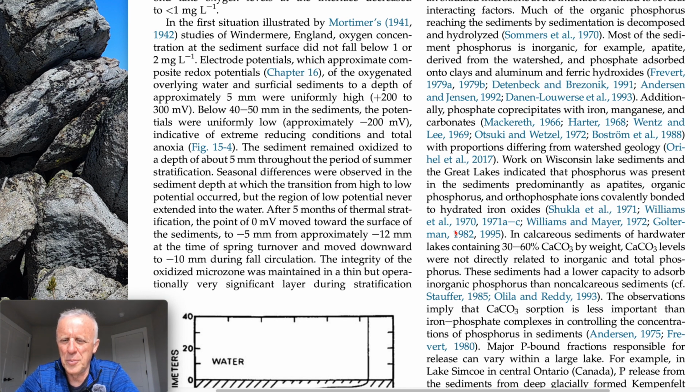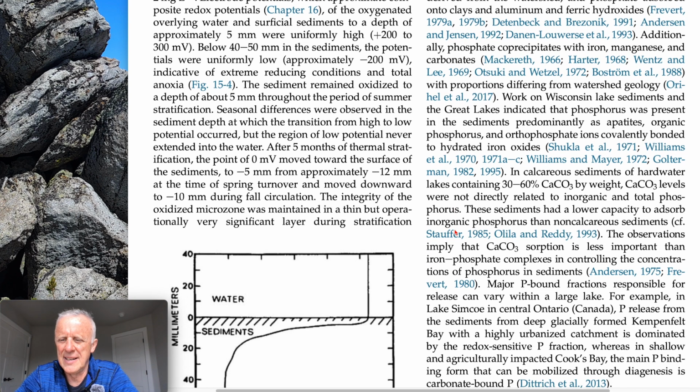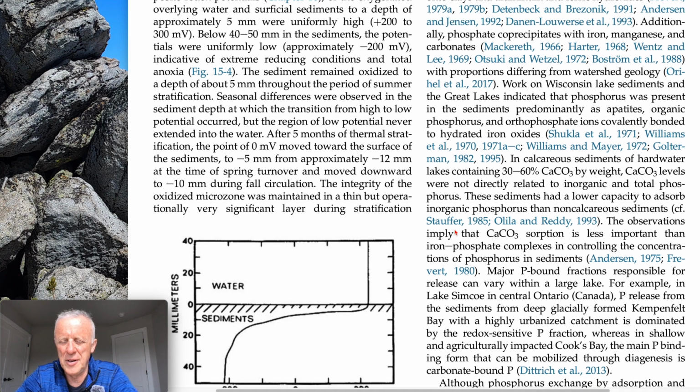Additionally, phosphate co-precipitates with iron, manganese, and carbonates, with proportions differing with watershed geology. Work on Wisconsin lake sediments and the Great Lakes indicated that phosphorus was present in the sediments predominantly as apatite, organic phosphorus, and orthophosphate ions covalently bonded to hydrated iron oxides.